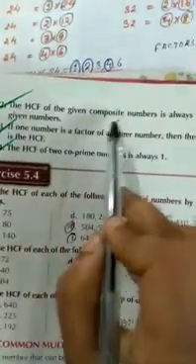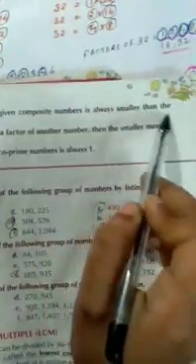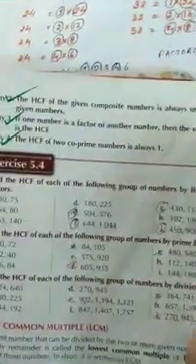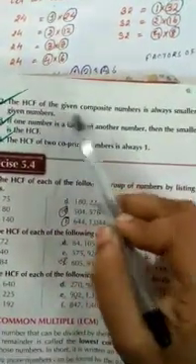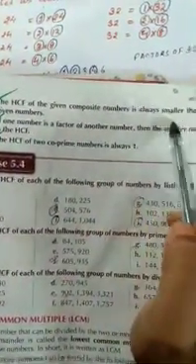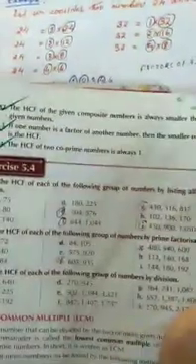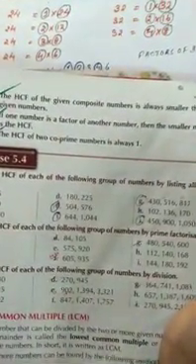Okay children, now let's see here: the HCF of the given composite numbers is always smaller than the given numbers. So what does it mean? As you can see here, we have got 8 as the HCF of these two numbers.